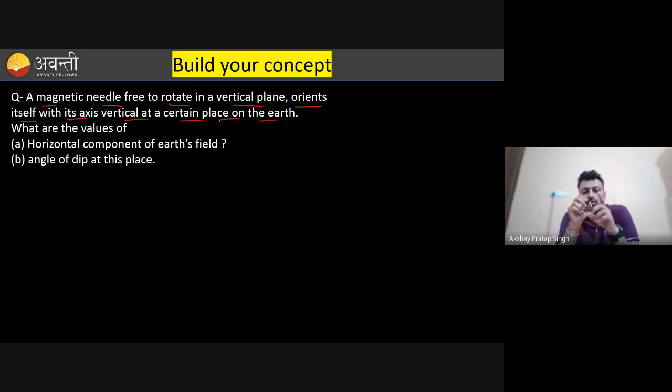Now it is free to move in a vertical plane and aligns itself vertical like this. What are the values of the horizontal component of Earth's field and the angle of dip? You have some 30 seconds to answer the question.